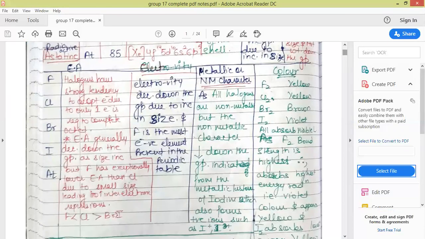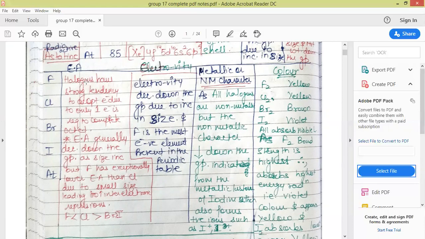Coming to the next property, which is electron affinity. Electron affinity is the amount of energy released when an electron is added to an isolated gaseous atom. This group has a strong tendency to accept electrons because they are just 1 electron short to complete their octet.